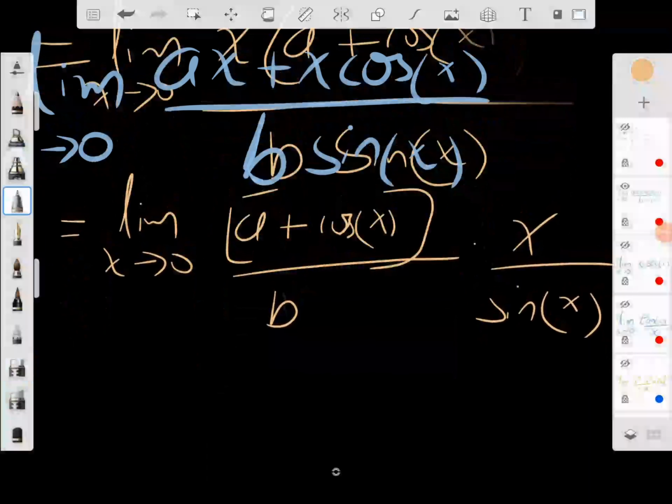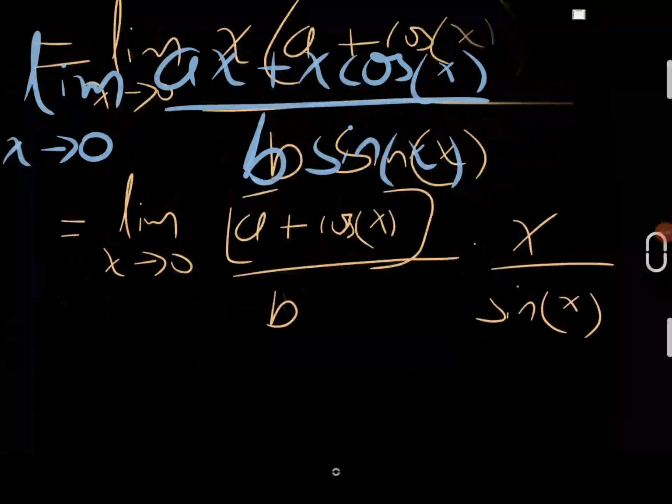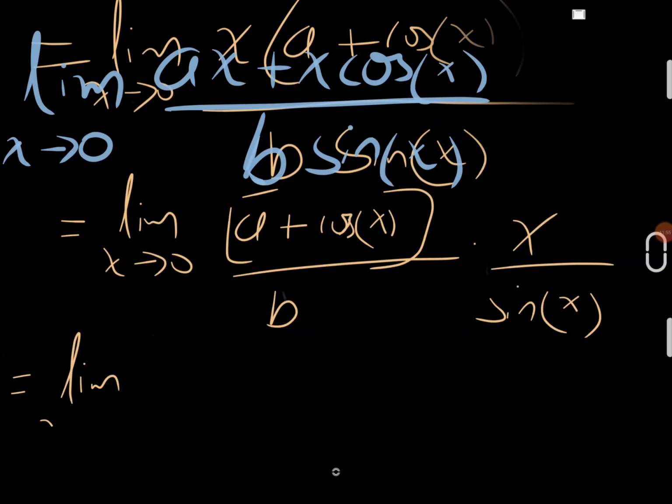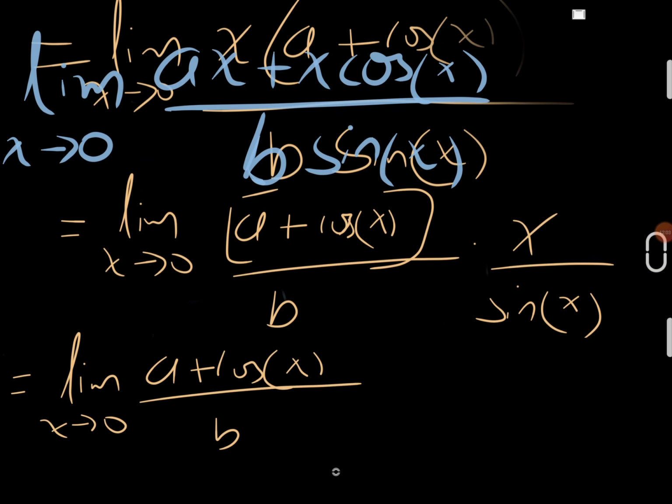So I'll also write this as limit x tends to 0, a plus cos x whole divided by b, and I can again apply the limit, because this is multiplication.